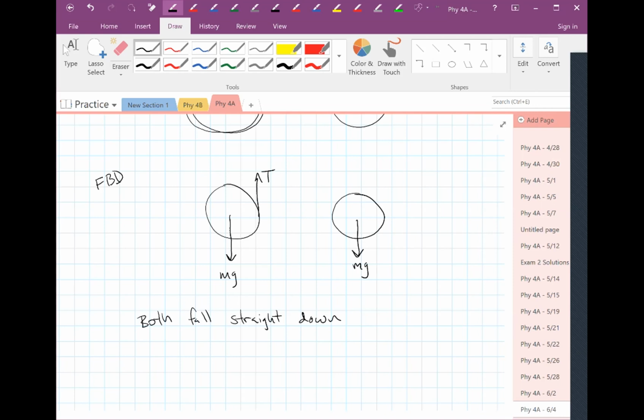They both have the same force pulling them down, but one of them also has a force pulling up on it. That's going to slow it down a little bit, right? That's another way of thinking of it. Yeah, it's a good way of thinking of it too.